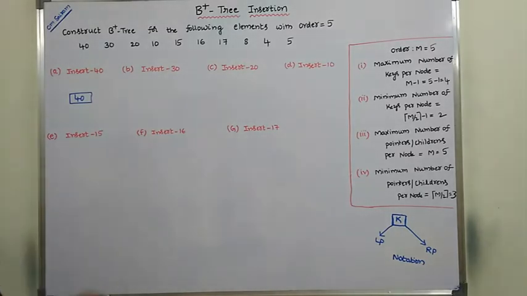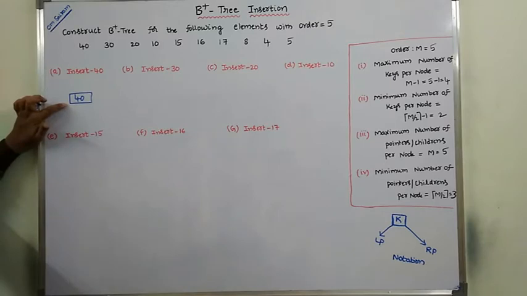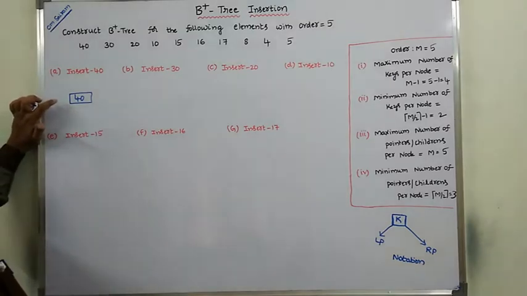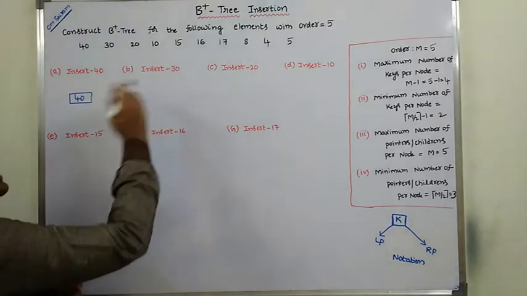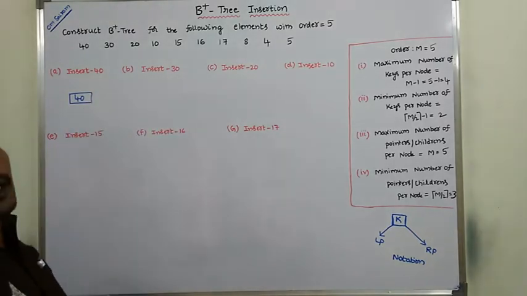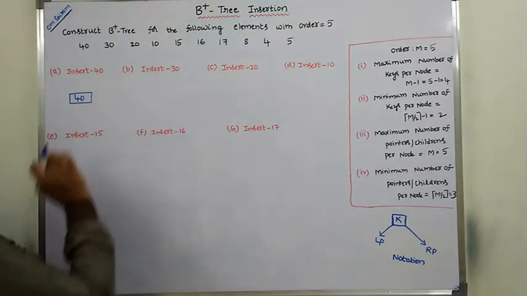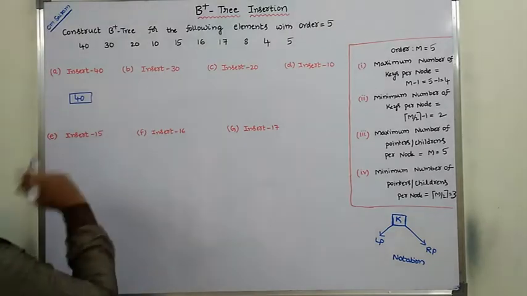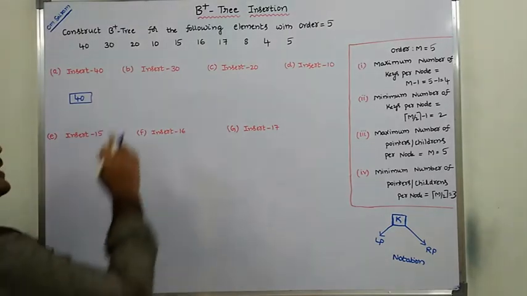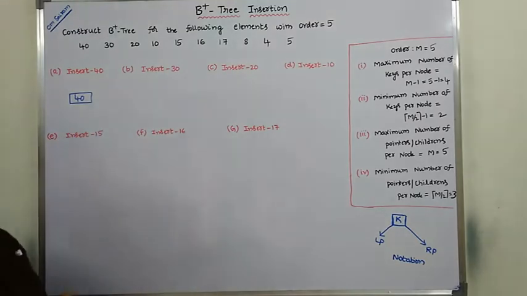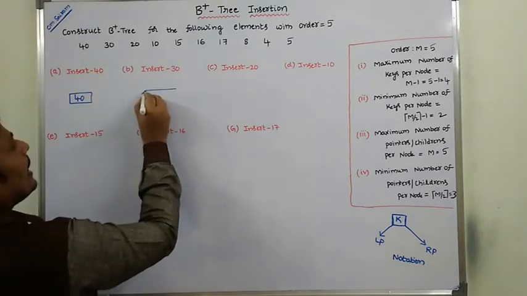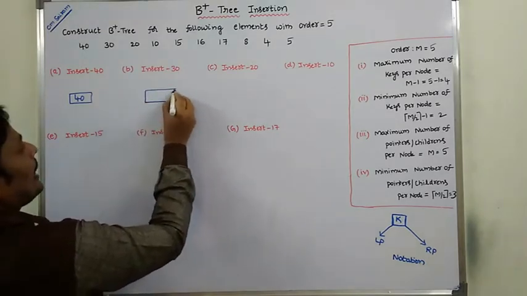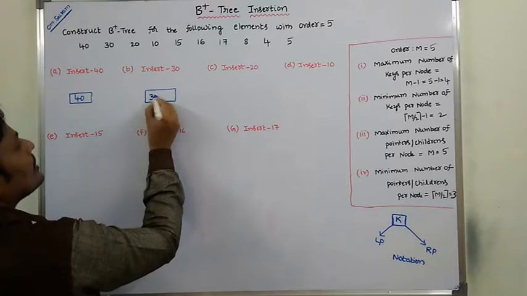Already this node contains only a single key element, so there is a possibility of inserting a second key element into that node. Now 30 can be inserted before the 40 or after the 40. So 30 is compared with 40. 30 is less than 40, so 30 can be inserted before 40 in the same node.